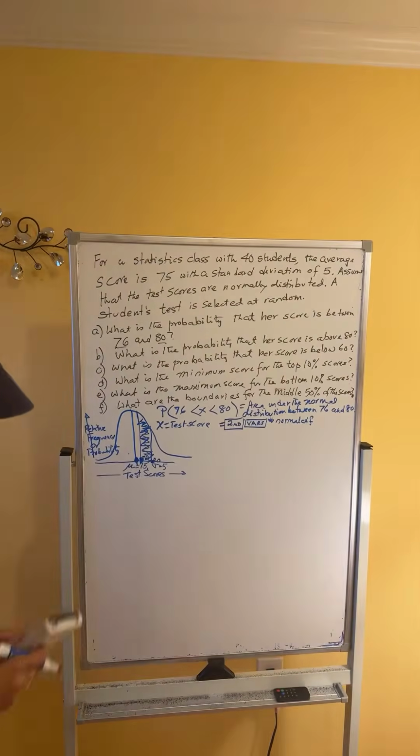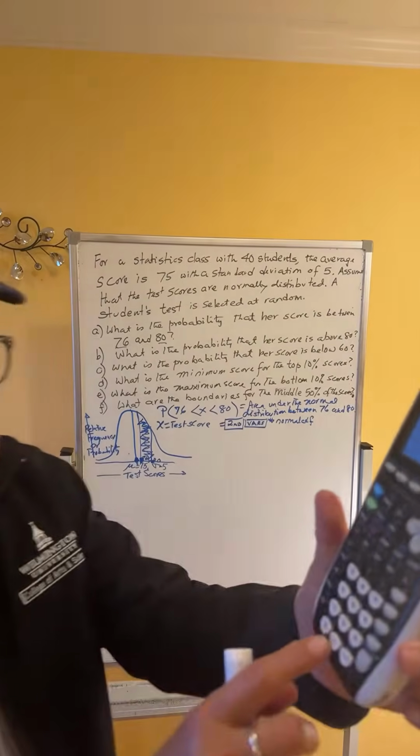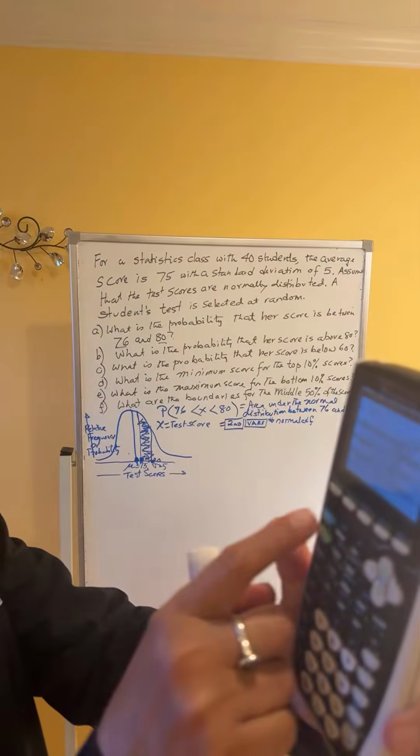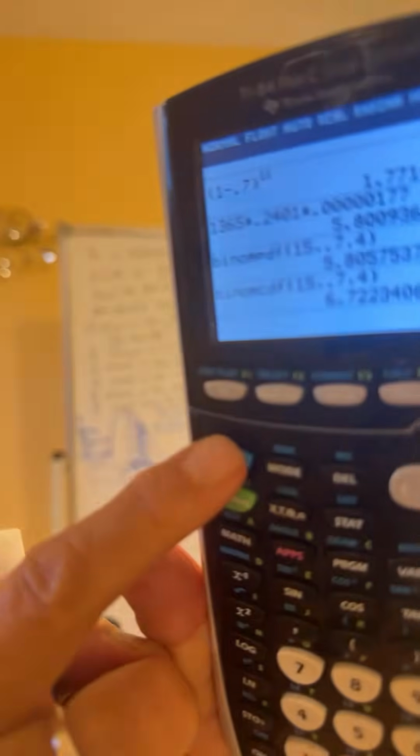So let me show you how I'm going to do it. Put the calculator on, press second and then VARS. Then I scroll down to normalcdf, which is number 2, and hit enter.